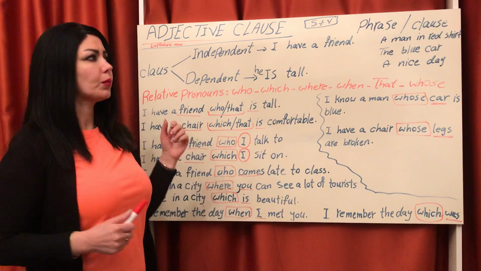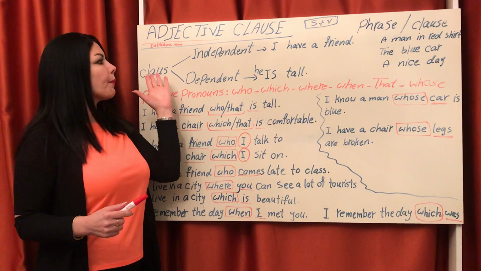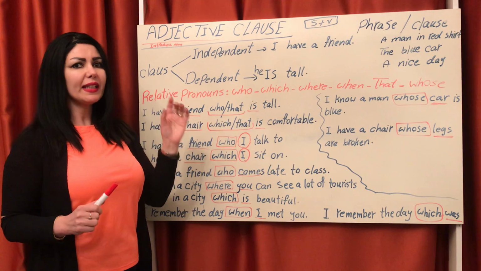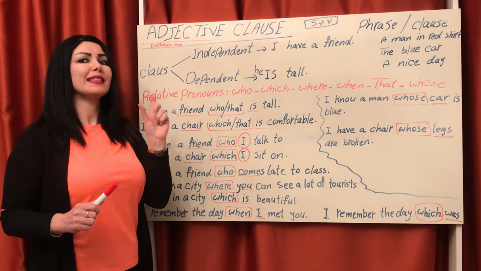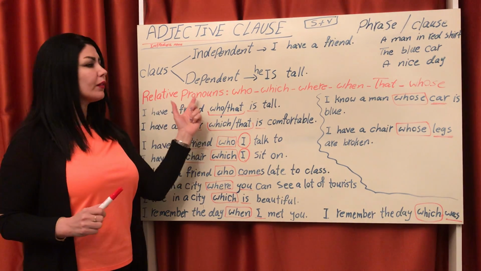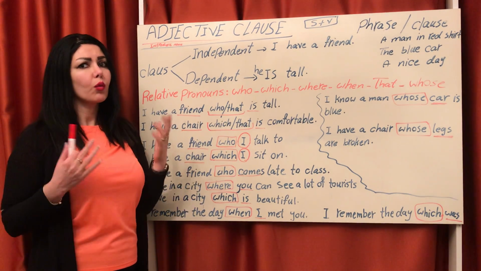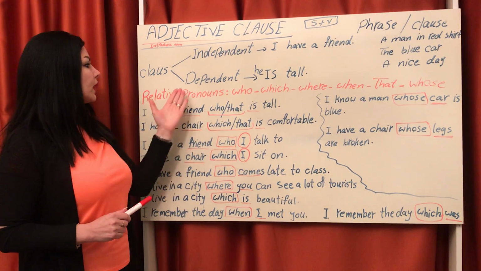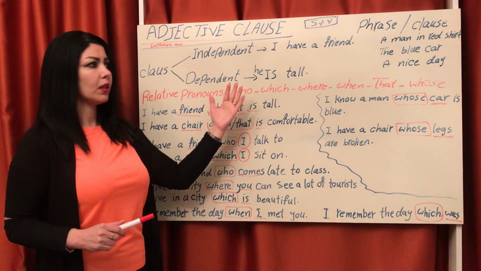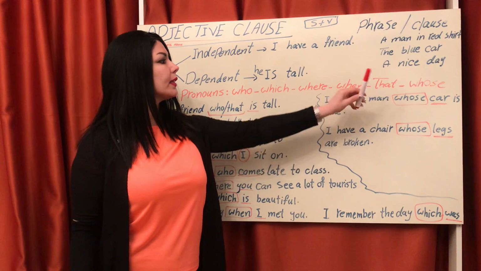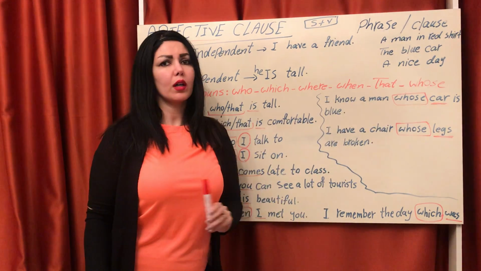So how? To make a sentence with two clauses, we need some words. The name is relative pronouns. What is a relative pronoun? Such as who, which, where, when, that, and whose.